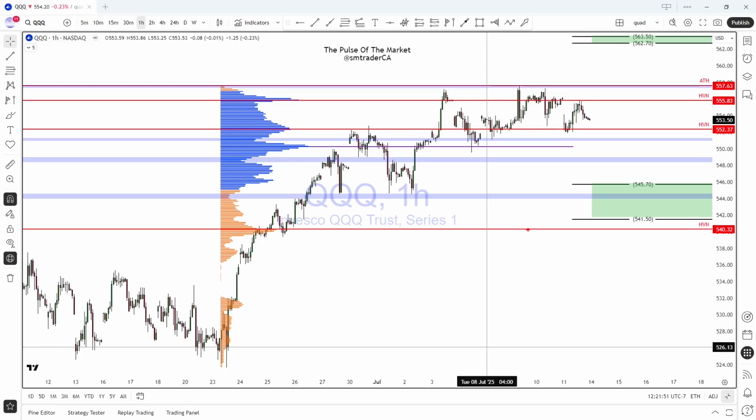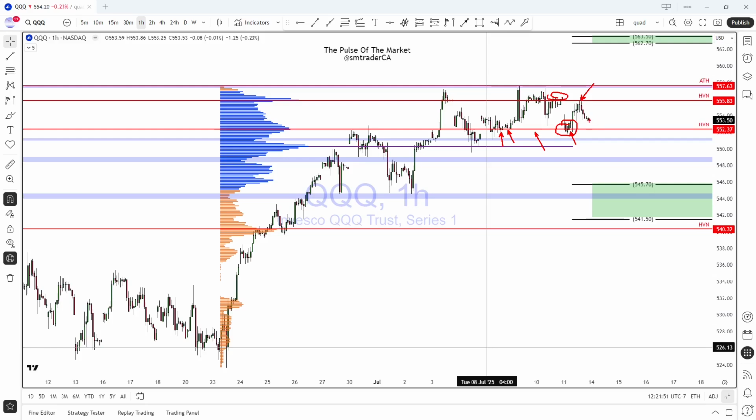Now let's take a look at the QQQ. We see the QQQ has a high volume node here, and it got rejected from here a few times. So that means there are buyers buying it up, and even though there's seller here, again it pushes up to another high volume node, where we found more aggressive sellers to push it back down, but there are still buyers willing to buy it up.